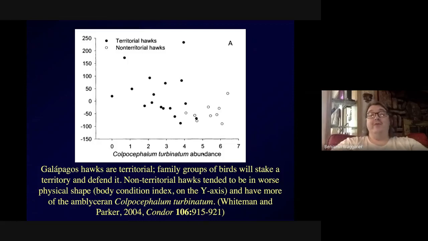And the non-territorial hawks also have more lice, between 4 and 7 lice on the body, as opposed to most of the territorial hawks, who have between 0 and 4. Off the bat, I'm not sure what's cause and what's effect. I'm not sure if greater louse infestation decreases body condition or if poor body condition allows more lice to infect you.